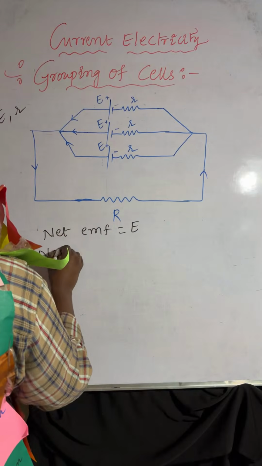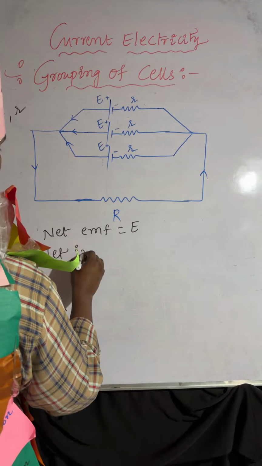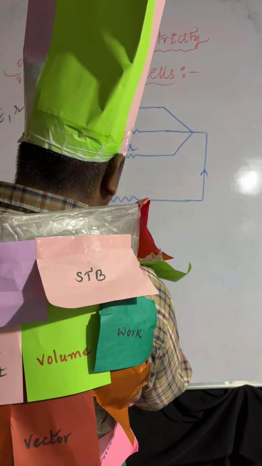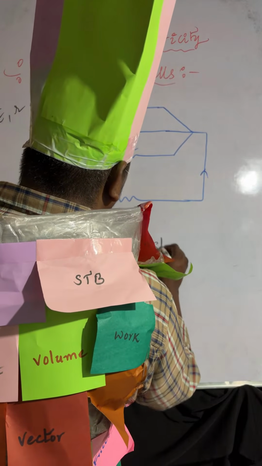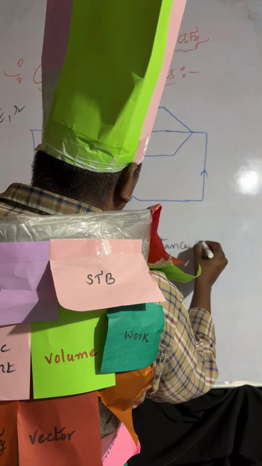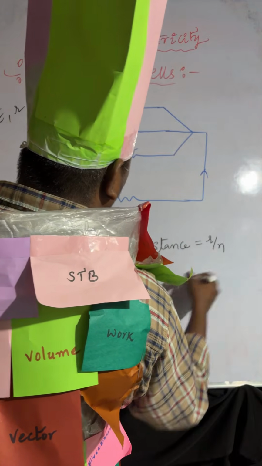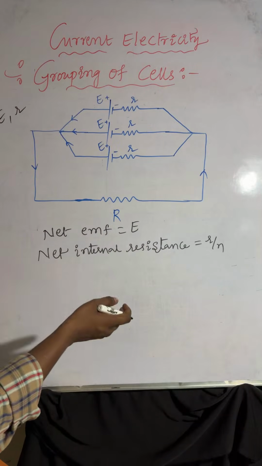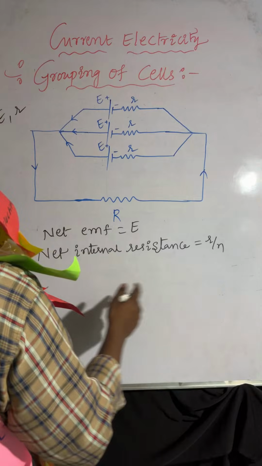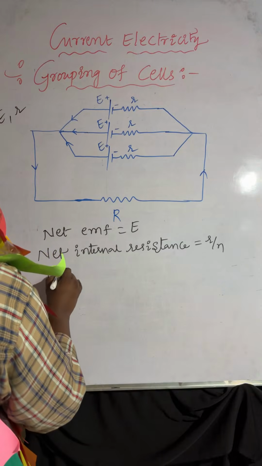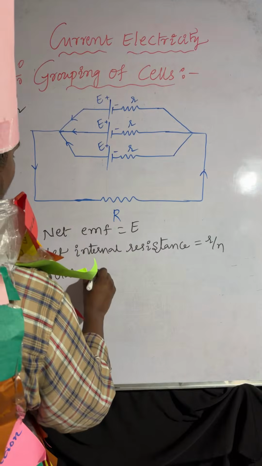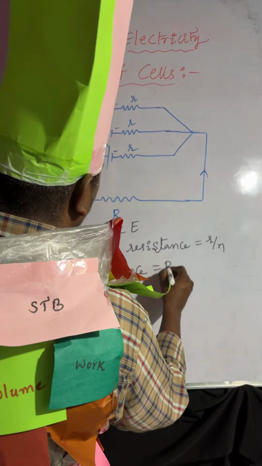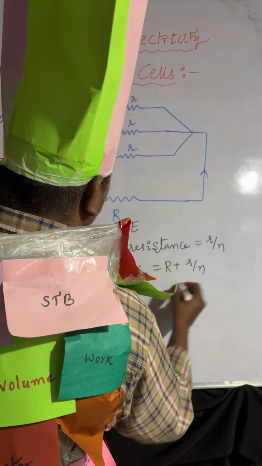Net internal resistance equals R by N. Normally, 1 by Rp equals N by R, so Rp equals R by N. So total resistance equals R plus R by N.